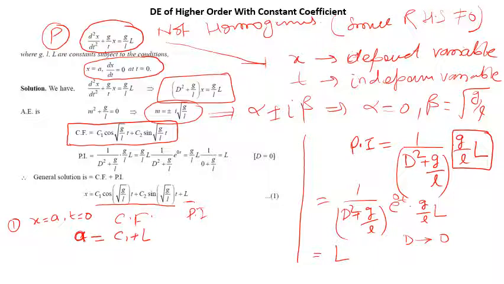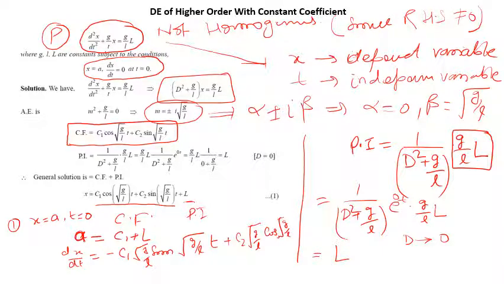Second condition, dx by dt is 0. Differentiate this. dx by dt is equal to c1 into minus sin square root of g by L t into square root of g by L plus c2 square root of g by L cos square root of g by L into t.